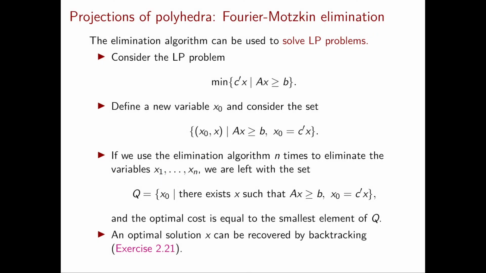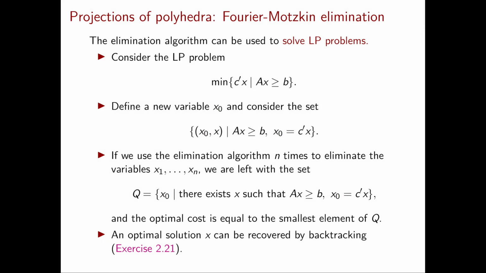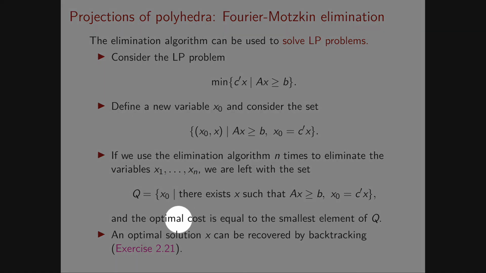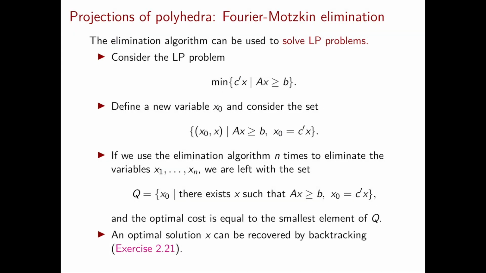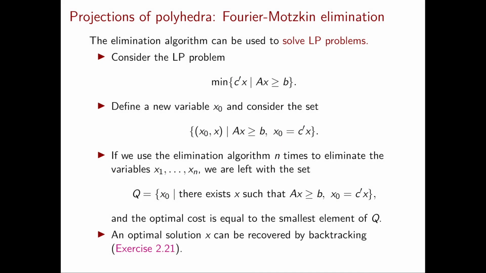Such a projection is then, by definition, the polyhedron Q, which is the set of points x0 for which there exists a vector x in R^n that satisfies Ax greater than or equal to b and x0 equal to c transpose x, which means that x0 is the cost of the vector x which was feasible to the original linear programming problem. Note that the polyhedron Q is one-dimensional, and clearly the optimal cost of the linear programming problem is equal to the smallest element of Q. Therefore, using the elimination algorithm, we were able to recover the optimal cost of the original linear programming problem.